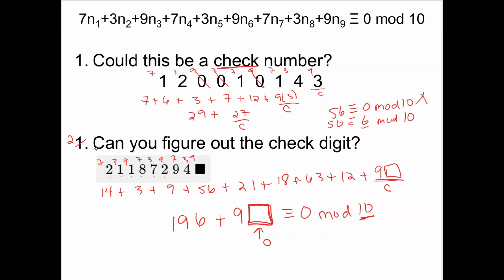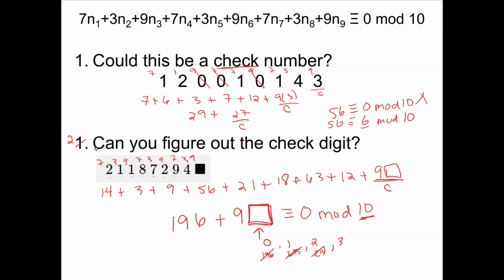If I plug in 0, it would be 196 plus 0. 196 would give me 6, not 0. So let's try 1. What's 196 plus 9 times 1? That would give me 205. That would be a remainder of 5. Let's try 2. 196 plus 9 times 2 would give me 214. That would be a remainder of 4.